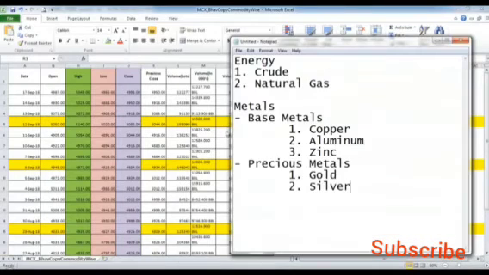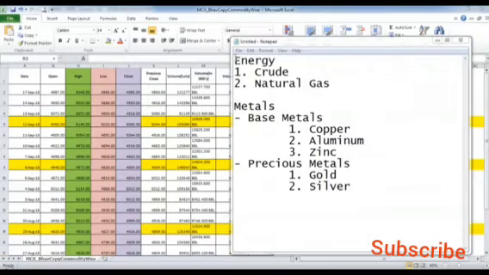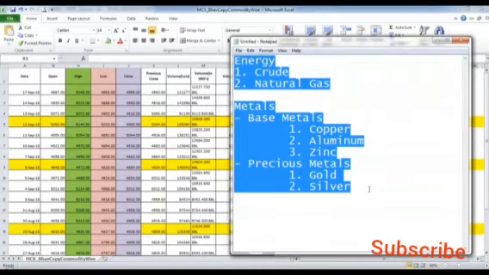All right. So point number one is contract active. Once the contract is active, you can read the open interest analysis.